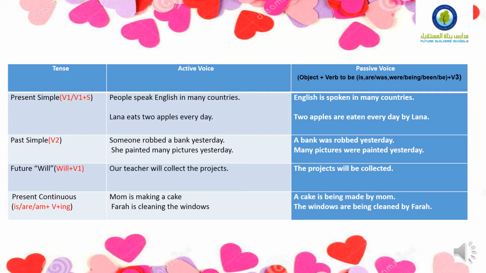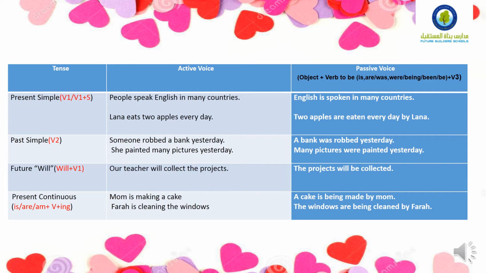So people speak English in many countries. This is active. Now to make it into passive, if you look at the passive side, English, which is the object, we bring the object English. Now we will change the verb. The verb in the active is speak. Now you should identify the tense. Speak is present simple. For the present simple, you should choose either is or are, then add verb 3 from the verb.